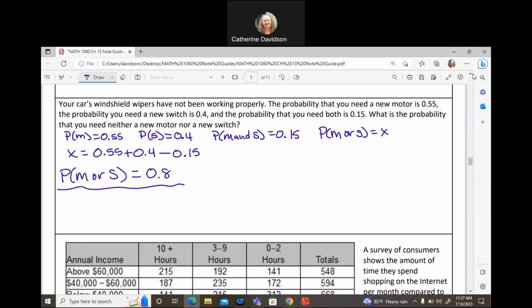What we want is the probability you need not a motor nor a switch. So that's 1 minus the probability you need a motor or a switch. 1 minus 0.8 is going to be 0.2. So the probability that you don't need either one of those is 0.2. 20%.